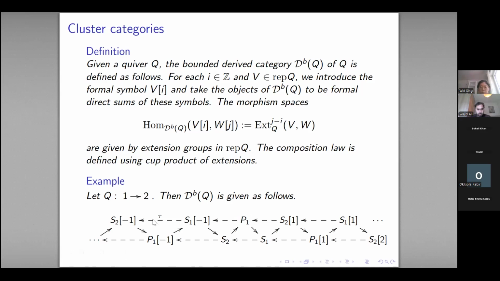And you may notice 2 things. Firstly, we have a translation functor tau that goes 1 step to the left horizontally. And another thing is that there's almost a glide symmetry in this quiver, in a sense that if you stare at this small triangle given by S2, P1, S1, and if you flip them upside down and shift everybody by 1 and move to the right, you get this triangle.